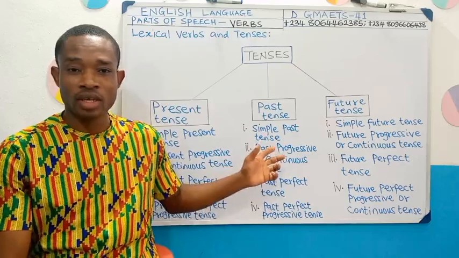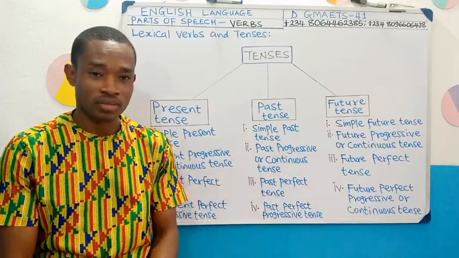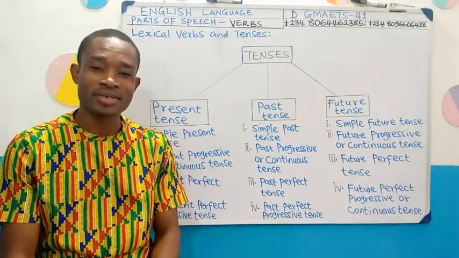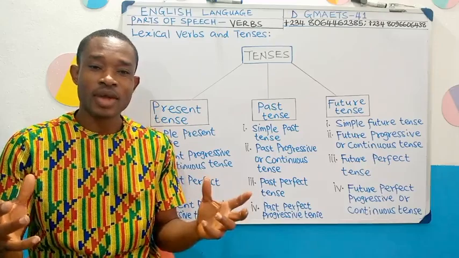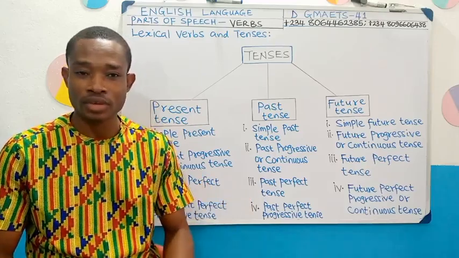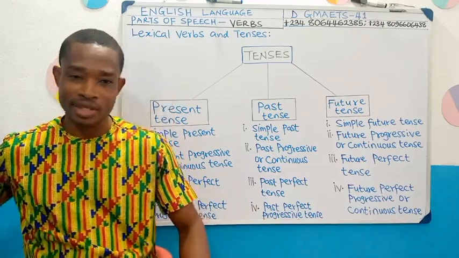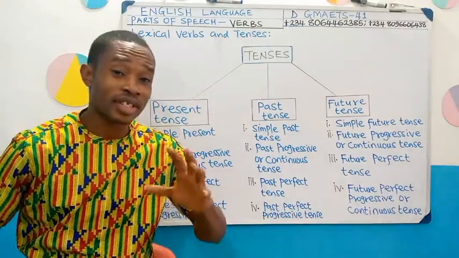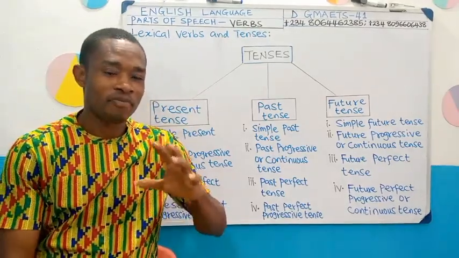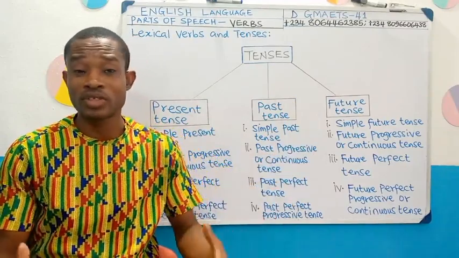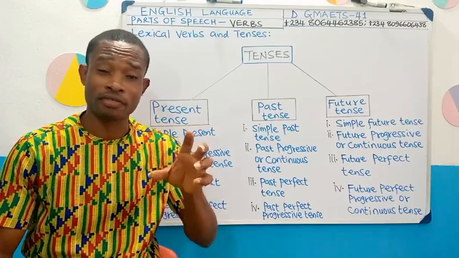You can see your tenses chart. This tenses chart shows us the tenses that we have in English language. Like we learned previously, there are three major tenses. And those three major tenses give birth to 4 tenses each, which put together will give us 12.